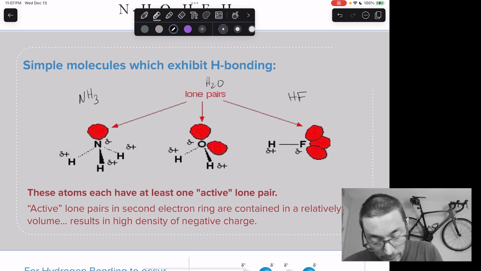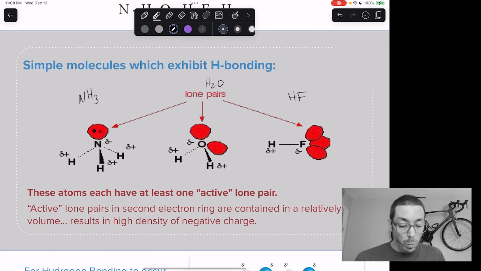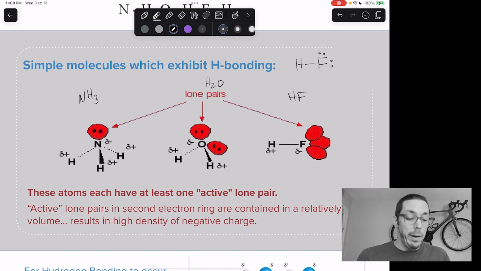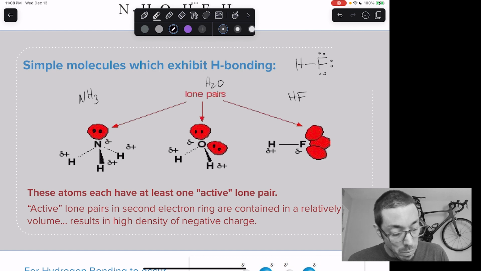So there's 2 electrons here in this little red cloud. And we already looked at water. We know there's 2 lone pairs of electrons on the oxygen. And fluorine, because if you do the Lewis structure, F has 3 separate lone pairs on it. So that's why we've got the 3 different red clouds where those lone pairs exist.